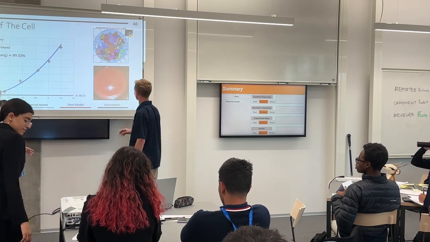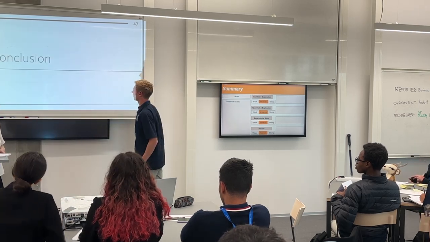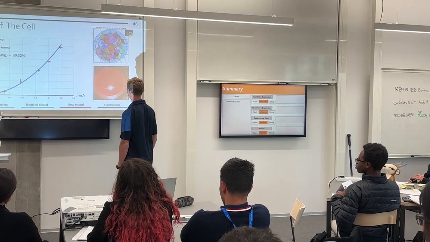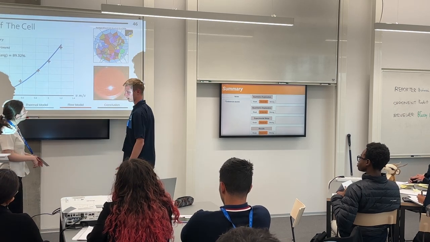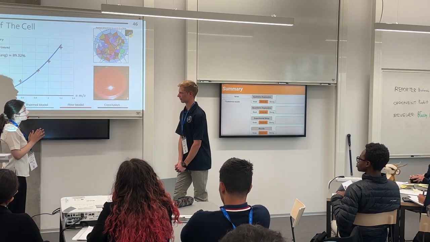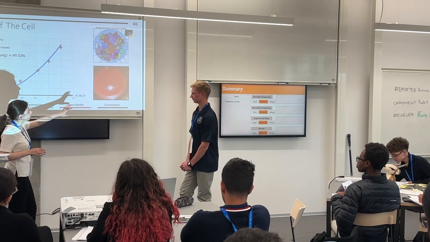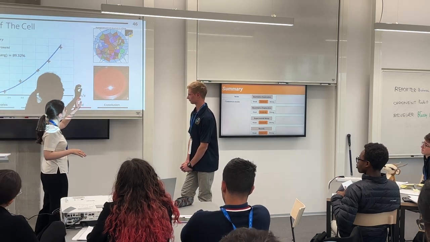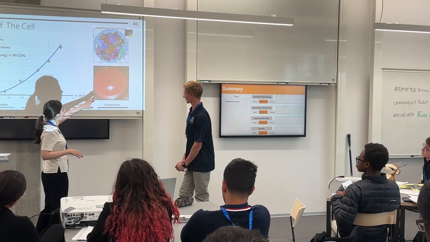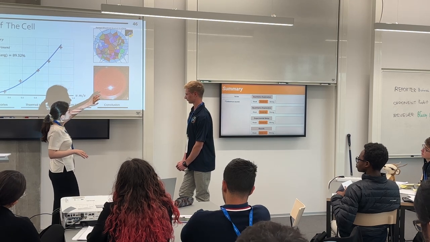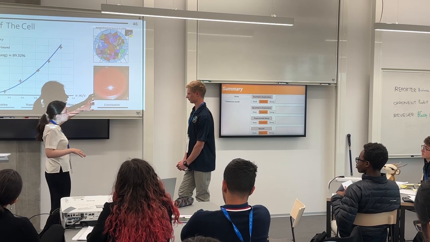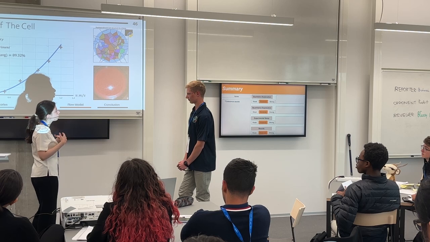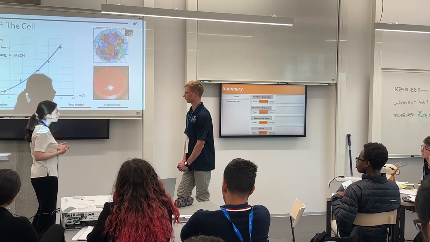Also, with the shapes of the cells, they appear to be hexagonal mostly. Do you know why? We also investigated that. I don't know what happened in the PowerPoint, but we had an explanation that the shape of the cells follows a Voronoi diagram. Do you know what a Voronoi diagram is? No, just very briefly. Right.